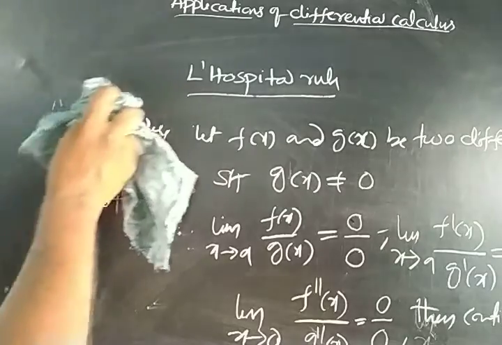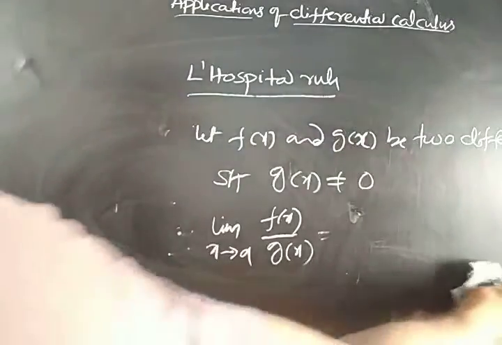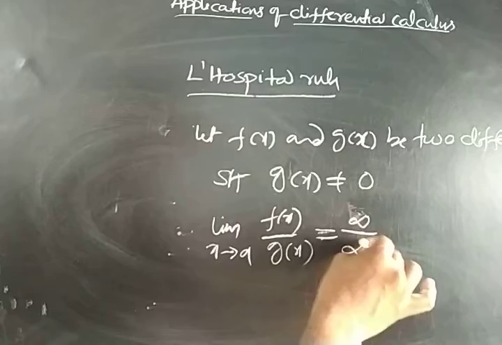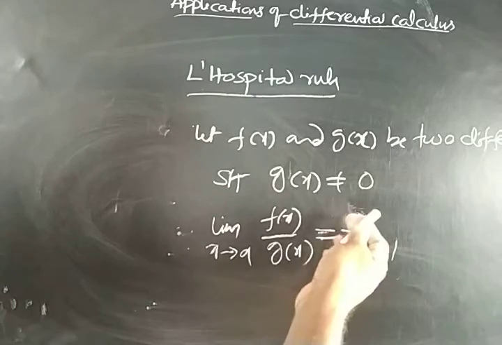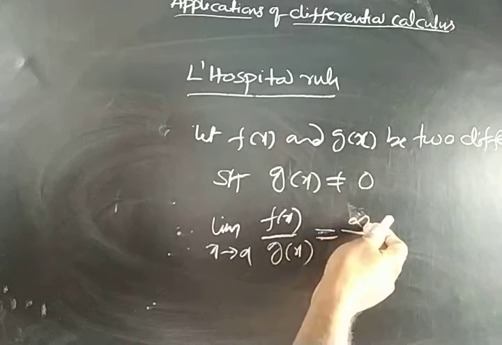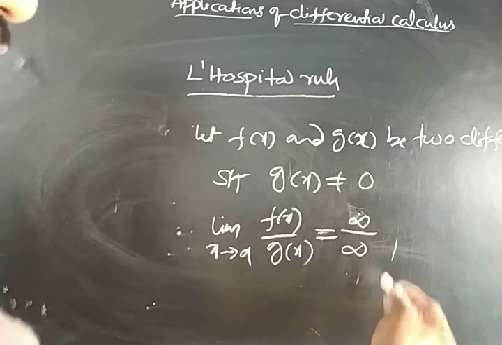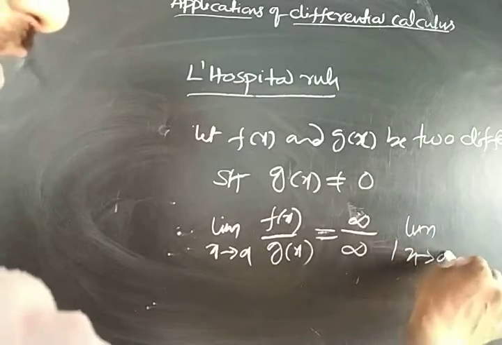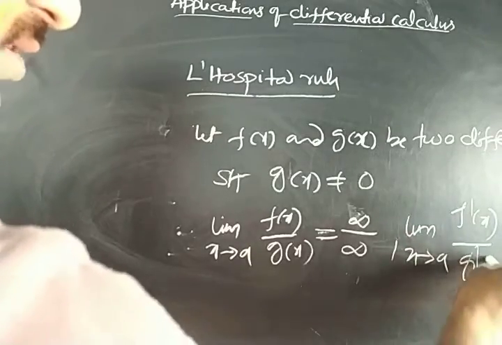Suppose you get the limit as x tends to a of f of x by g of x as infinity by infinity. Sometimes you may get it like this also. In this situation, by substituting a you get infinity in the numerator and infinity in the denominator. At that time you have to continue the procedure like this. Again using L'Hospital rule, differentiate the numerator separately and the denominator separately.